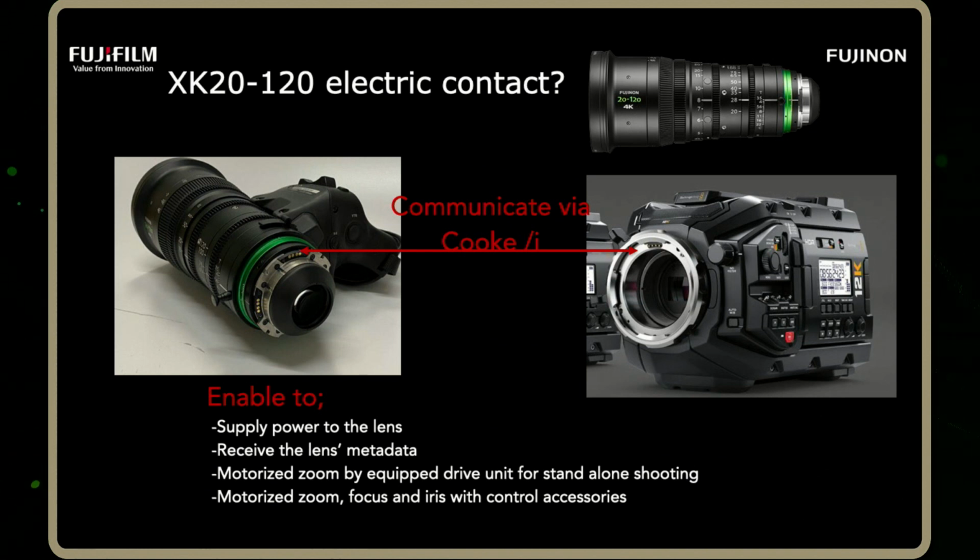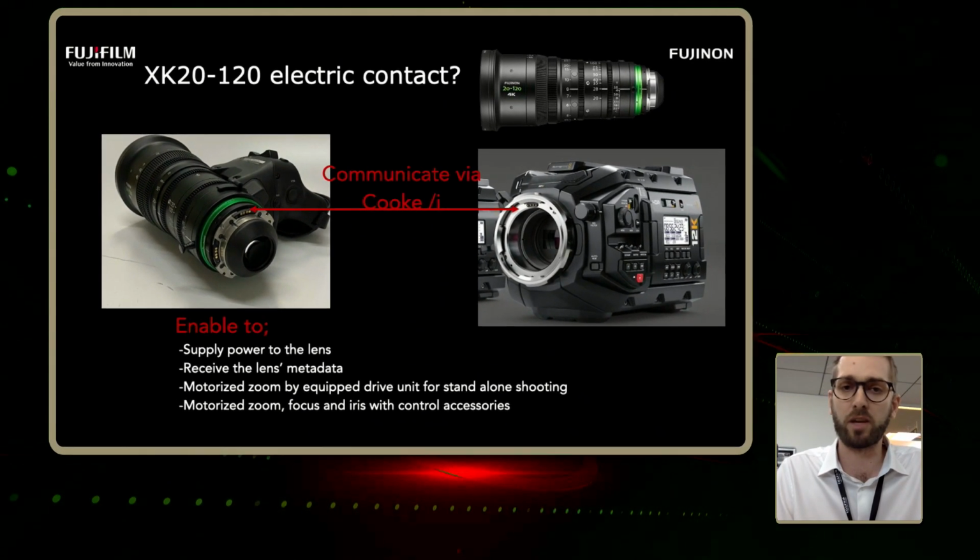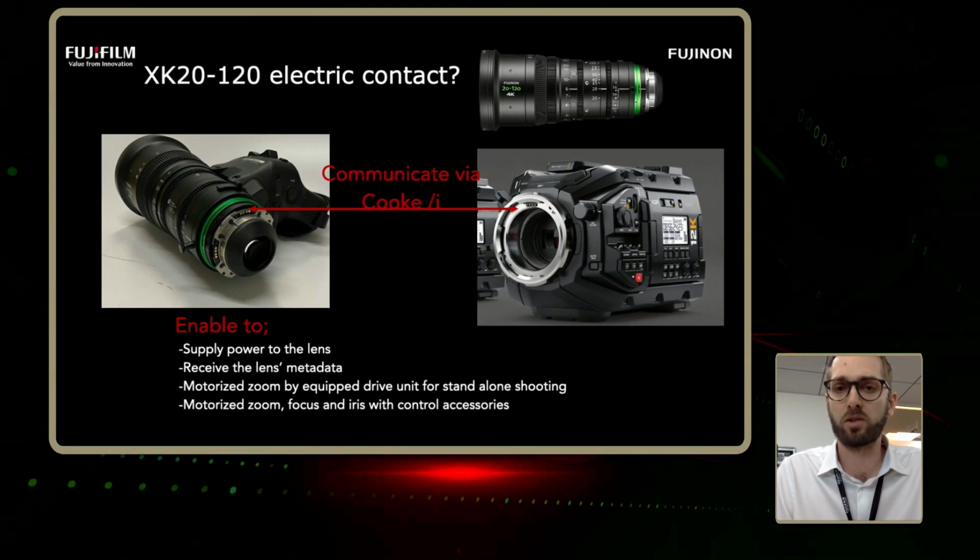It allows the camera to receive all the lens metadata. So, especially in a zoom lens where you've got focus, zoom, and iris, all three of those can be at different positions. The camera is actually able to record all that metadata. So you'll get that metadata with your video file, where the focus position was, where the zoom position was, where the iris position was. This is especially useful in VFX workflows, for visual effects as well.